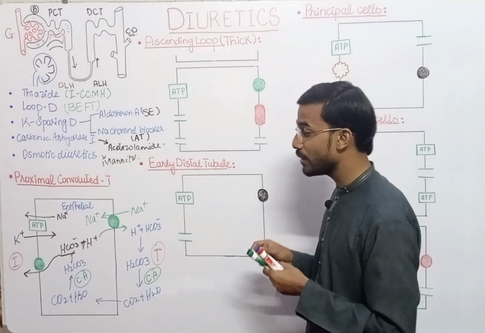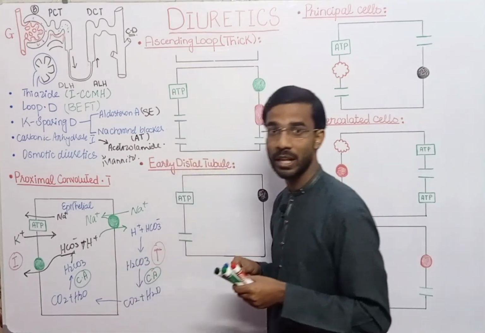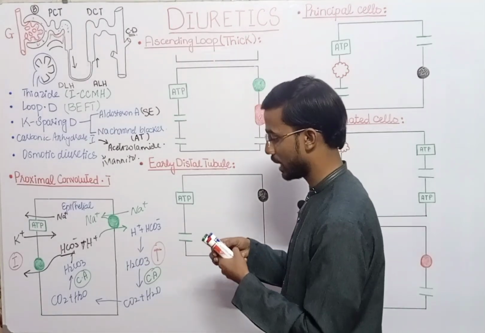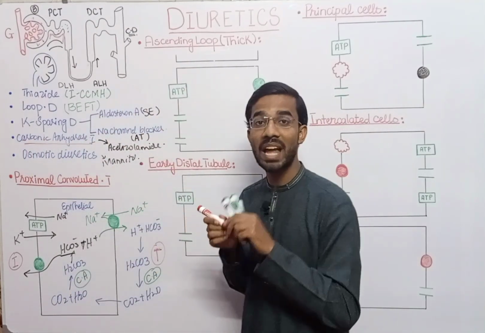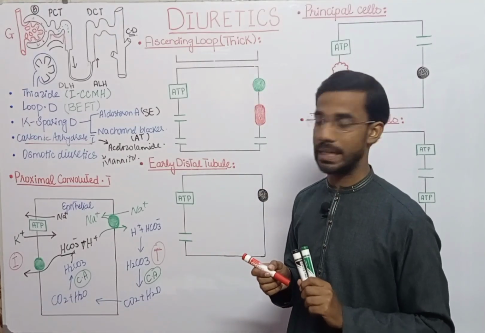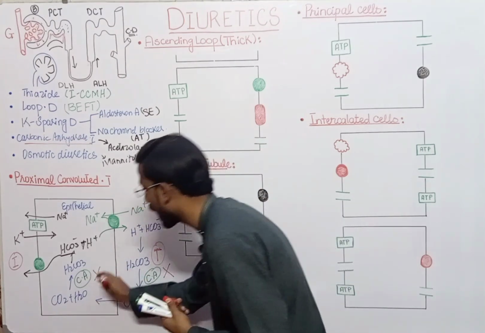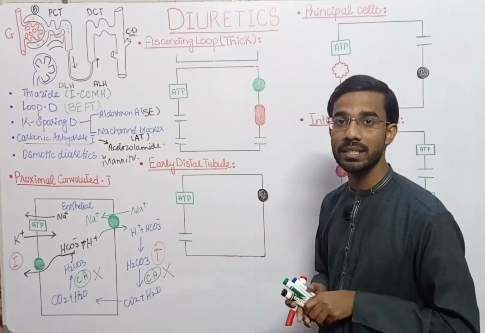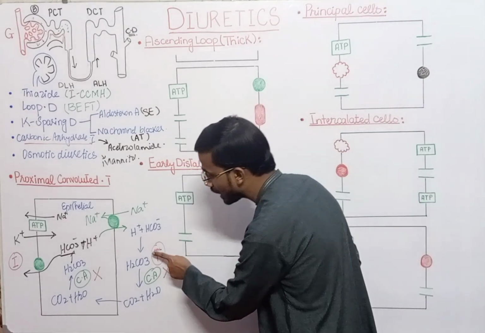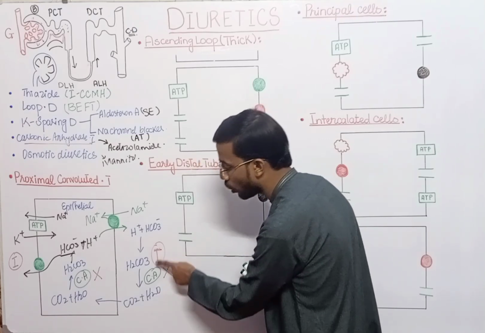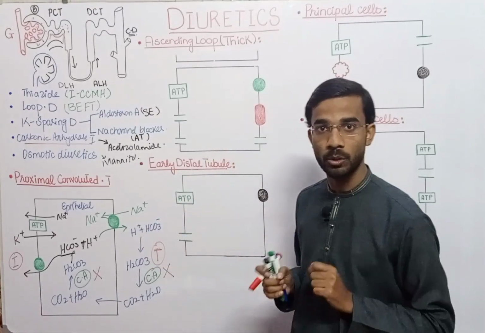So if the diuretics attack the carbonic anhydrase, then what will happen? This is the carbonic anhydrase inhibitor, which blocks the carbonic anhydrase enzyme. If I block this enzyme, then the carbonic acid will not convert into carbon dioxide and water, so it will remain in the tubular region.